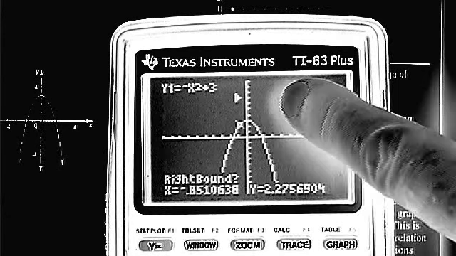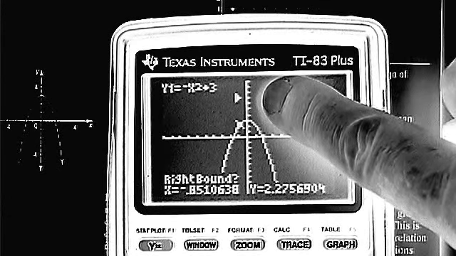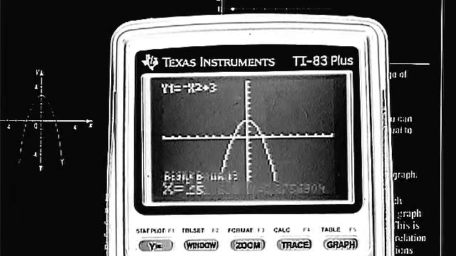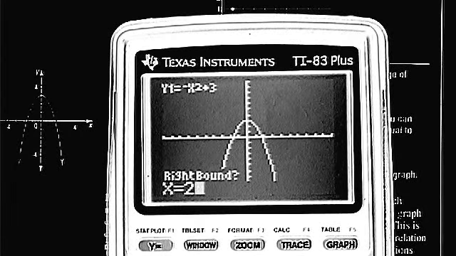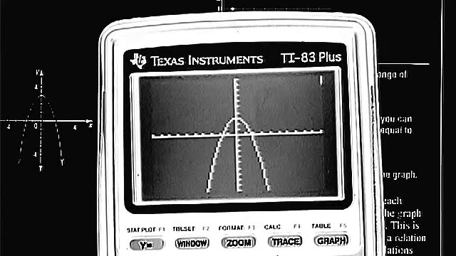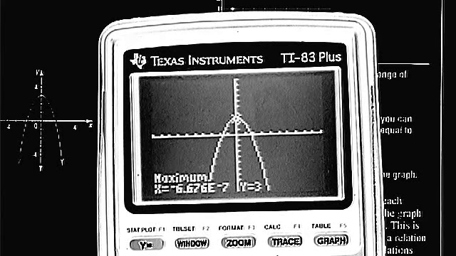If I know that 2 is on the right hand side of this maximum value, then I can just type the number 2 for the right boundary and hit enter. You'll notice that it has put 2 arrows on the graph, and when I hit enter this next time, I don't want to guess. I can talk to you later about what the guess feature does. I'm going to hit enter, and it is going to find the maximum for me.